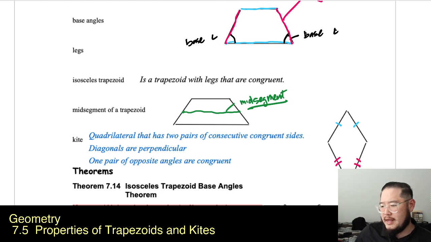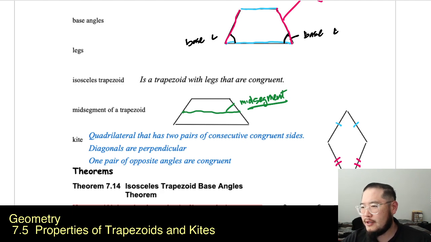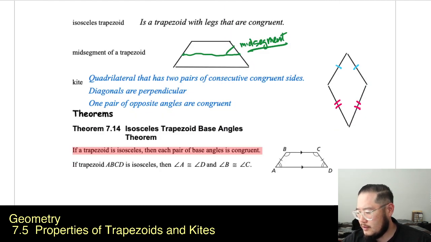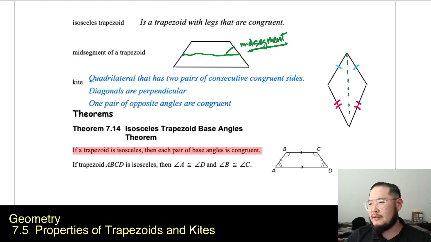The diagonals are perpendicular. If I draw my diagonals with the dotted line, it is saying that when these diagonals intersect, you've got a right angle. So diagonals are perpendicular, and then lastly, it says one pair of opposite angles are congruent.